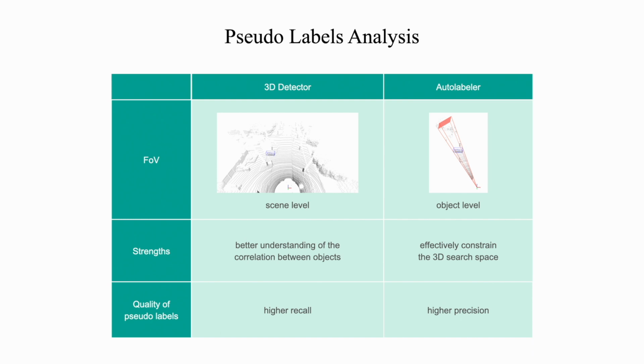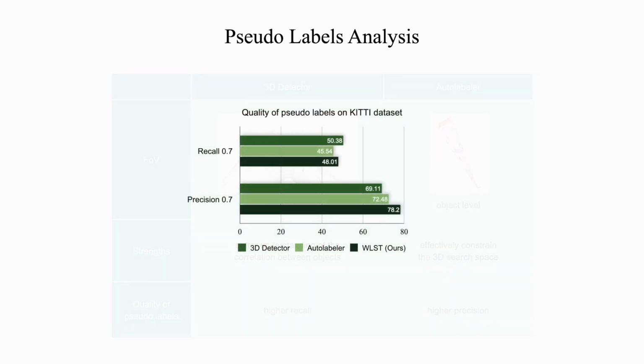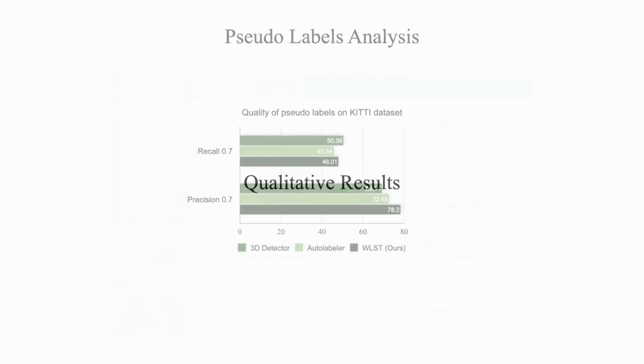On the other hand, although the AutoLabeler operates at the object level, it effectively narrows down the search scope of pseudo-labels in 3D space, resulting in higher precision. Despite the strengths and weaknesses inherent in the pseudo-labels generated by these two modalities, our consistency fusion strategy adaptively improves precision while maintaining high recall simultaneously.